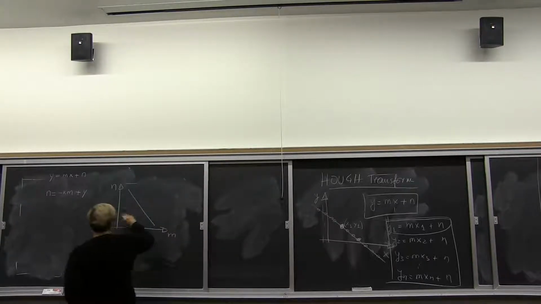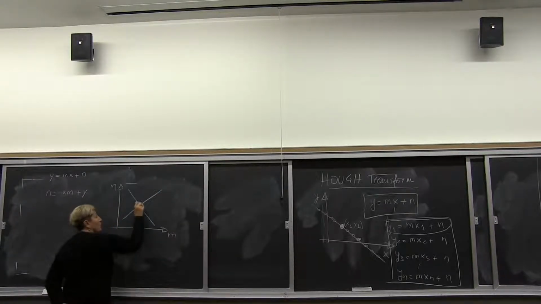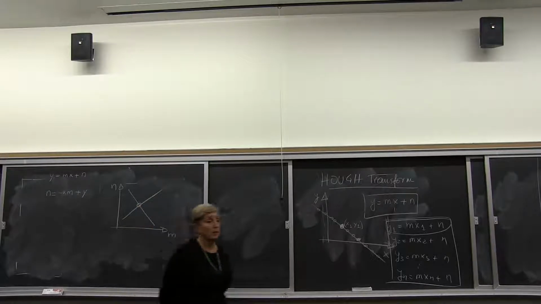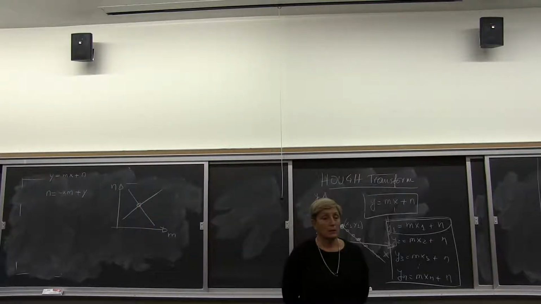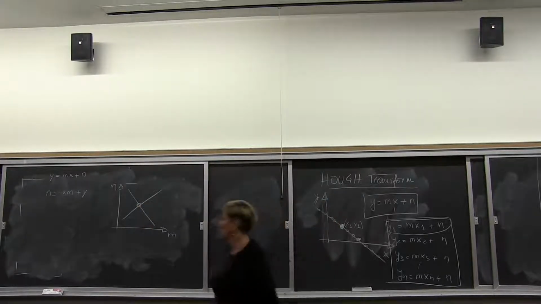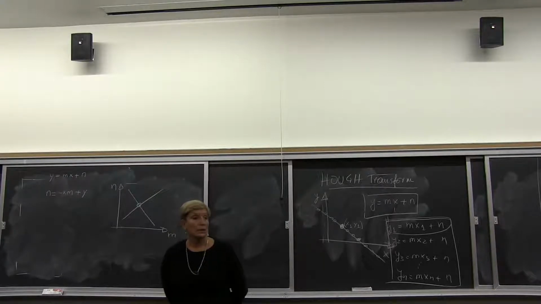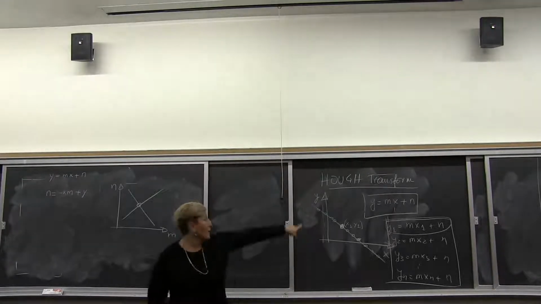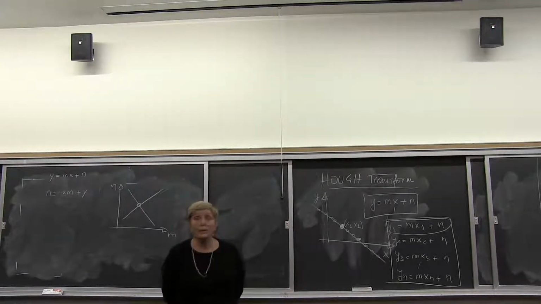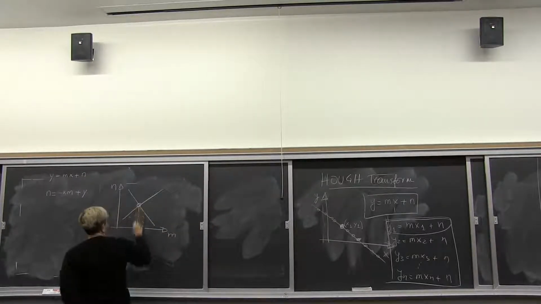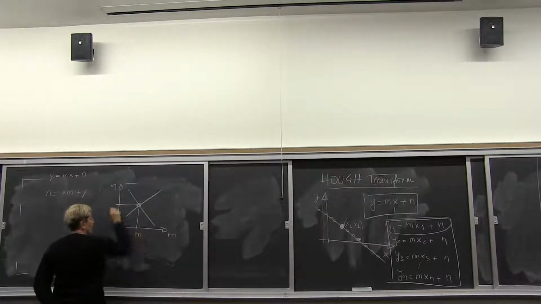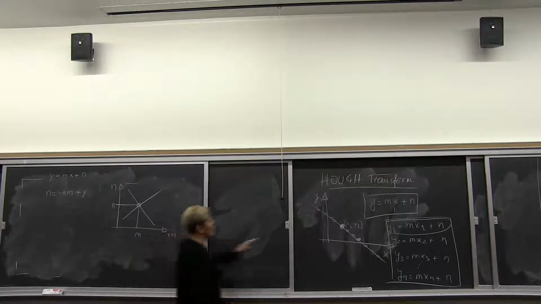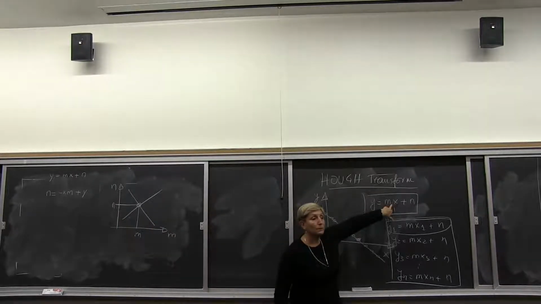Let's draw it. Where do you think they intersect? At the Mn of that line, right? Because that's where they agree. Okay, so this guy has to be the Mn that I use here.